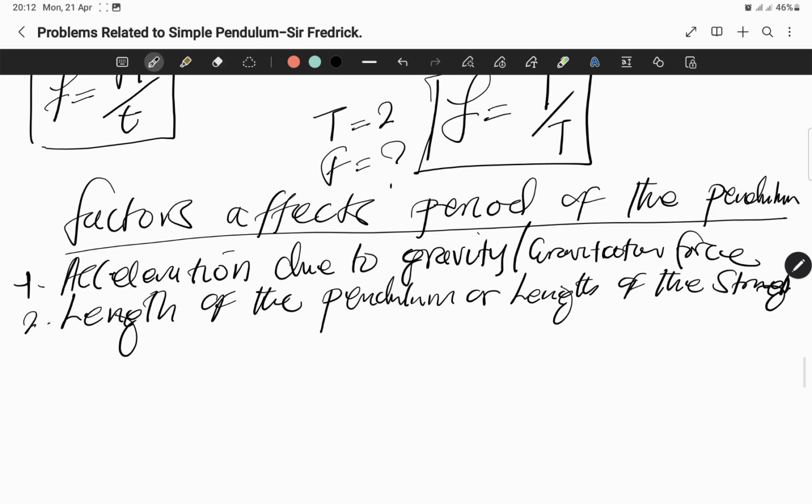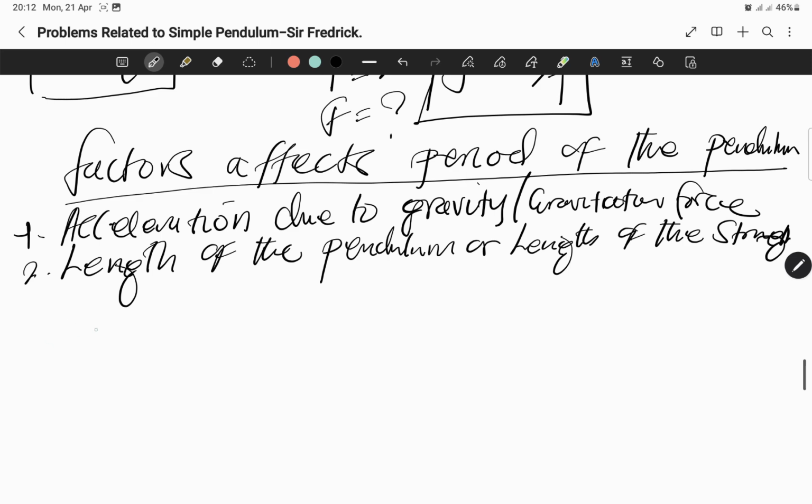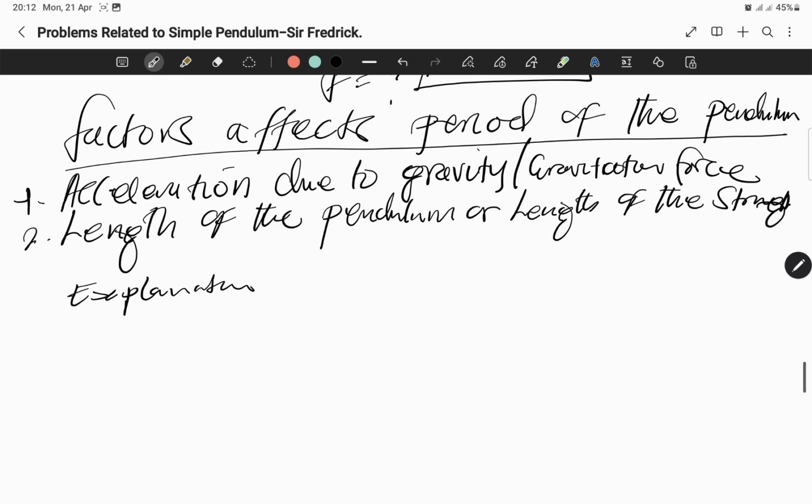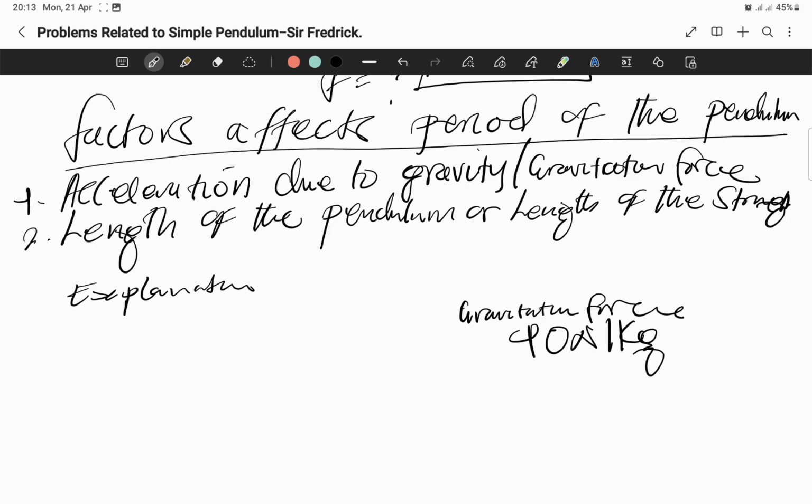Now, how does gravity affect the period of a pendulum? So let's see. Imagine on Earth we have the gravitation force of 10 Newton per kg. So we see that most of the things that we throw up always come down within a few seconds.